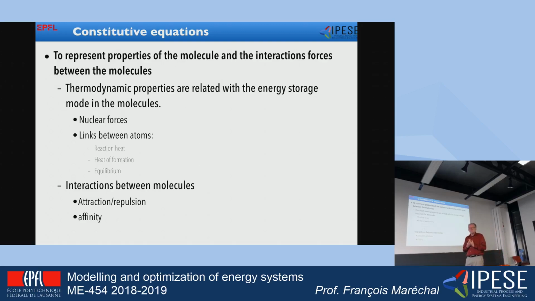The energy that is between the molecules is also related to the energy that is inside the molecules, mainly because the electrons are rotating around the nucleus, and they are then creating connections between them. And because they are an electrical entity, they are also creating interactions with the neighboring molecules. Okay? That means that I have to represent what is happening inside and what is happening between the molecules.